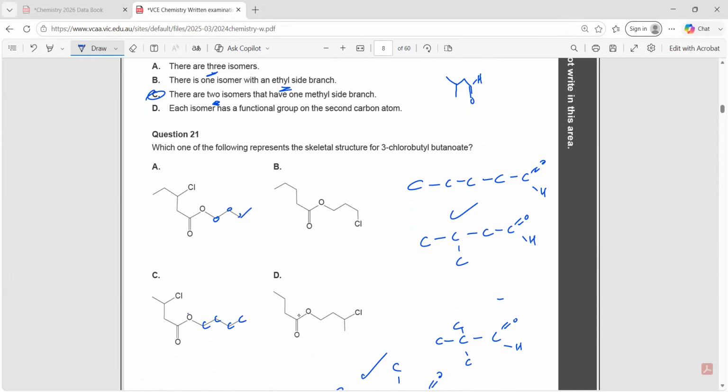So that's structured wrong. It should be three-chlorobutyl. Okay, so it should be three-chlorobutanol. So one, two, three, four, and then the chlorine is bonded to the third carbon. Whatever's facing the oxygen, that's our alcohol, and then butanoate, so it'd be one, two, three, four. So it'd be D.